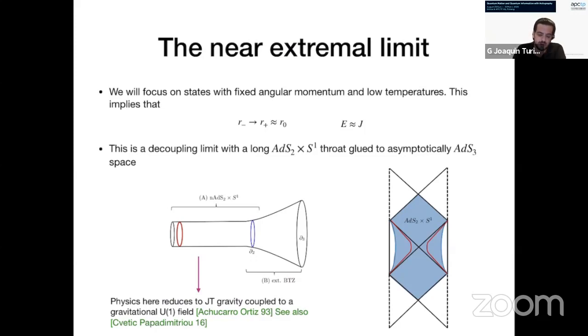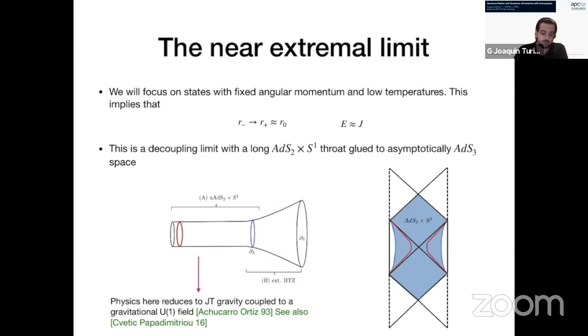Everything with a subscript zero will correspond to extremal values, and the energy will be close to J. So energy equal to J corresponds to the extremal black hole. And there is a decoupling limit with a long AdS2 cross S1 throat glued to asymptotically AdS3 space. So this is the asymptotically AdS3 part. This is what I would call the far region.